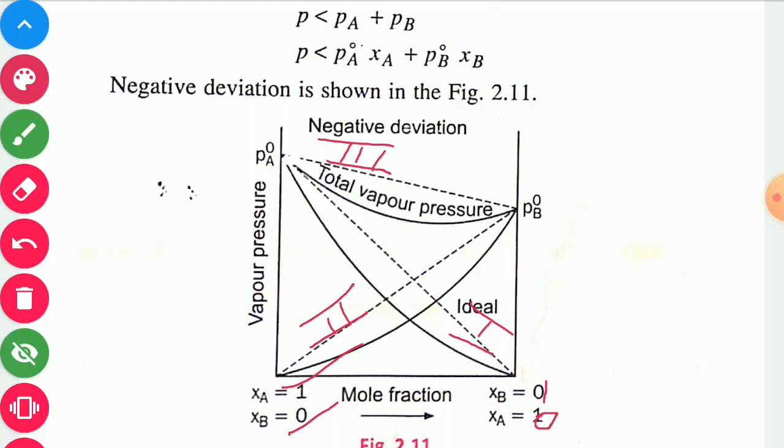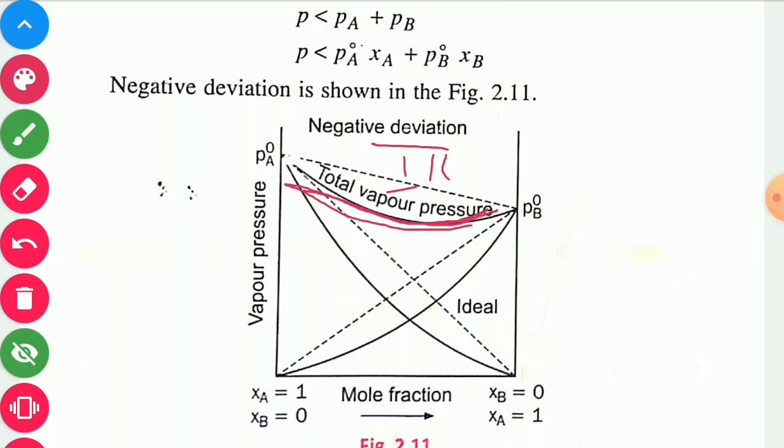But at the same time we see that the bold line which moves below the dotted line indicates the negative deviation. So below line number third, this bold line indicates the total vapor pressure of the solution showing negative deviation.